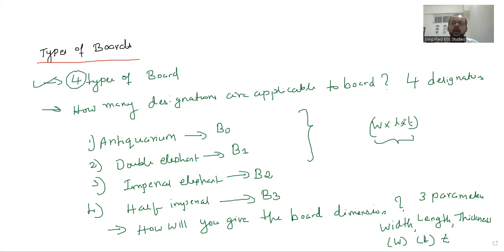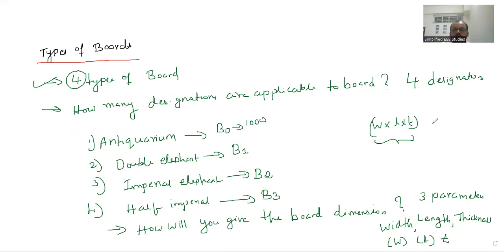How will you give the dimension for the particular board? If possible, remember the dimensions also. Let us start from different varieties of board. If I talk about antiquarium, the dimension will be like this. The width will be 1000 millimeter.